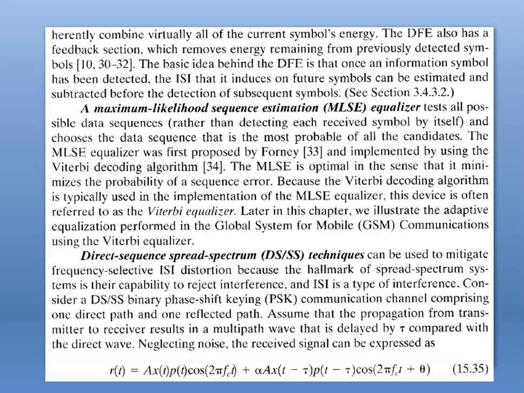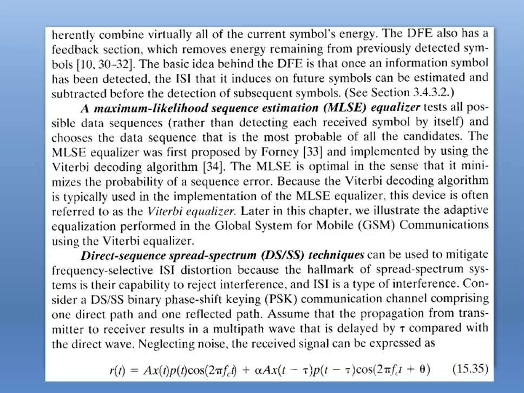The basic idea of the DFE is that once an information symbol has been detected, the inter-symbol interference it has induced on future symbols can be estimated and subtracted before the detection of subsequent symbols.